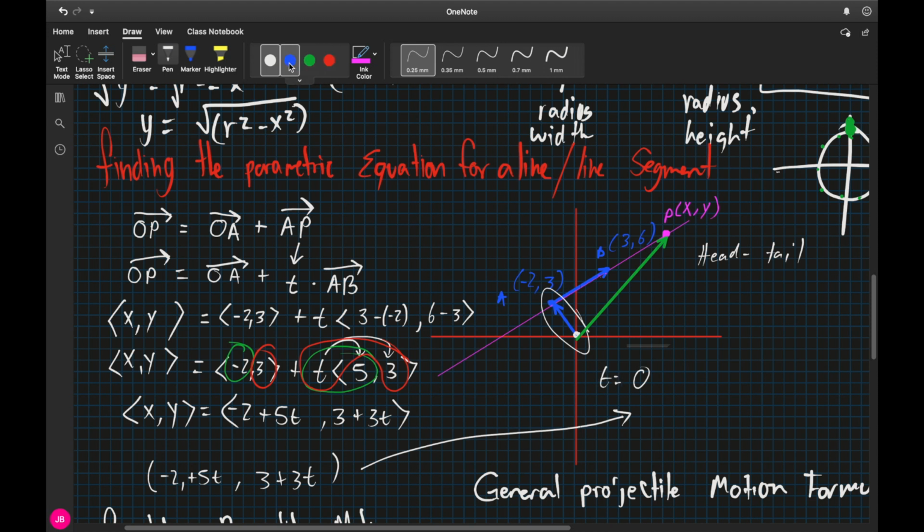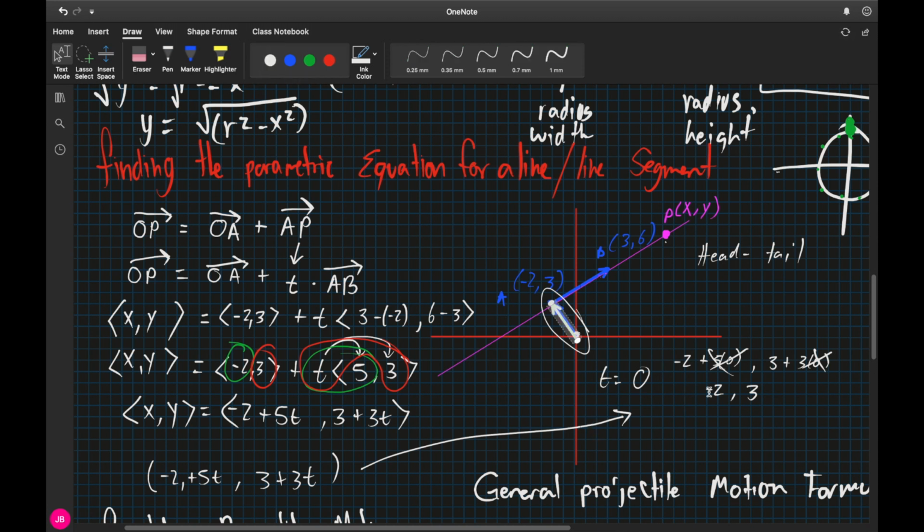So when t is equal to 0, that means I have -2 plus 5 times 0, comma, 3 plus 3 times 0. And so when t is equal to 0, this cancels out, and I get -2 comma 3. So that means that this vector right here is pointing to -2 comma 3, which is my original point A.